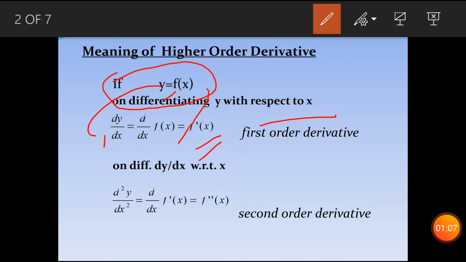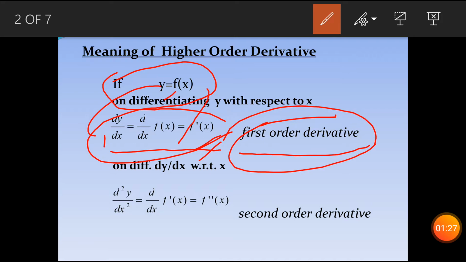You have already studied all these things in class 11th as well as in class 12th. So this notation you all are familiar with, but you were not familiar with the name, that this is known as first order derivative. So first order derivative is represented in this form.